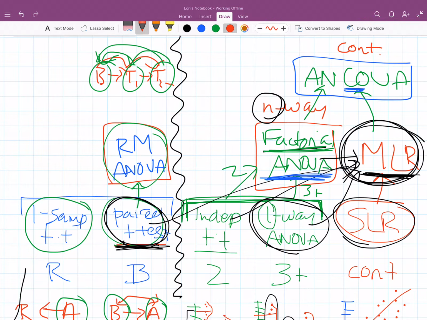And so we're running an ANOVA, but then we realize that we need to correct for something that is not categorical or not factorial. And so what we end up doing is taking this factorial ANOVA and turning it into more of what would be considered a multiple linear regression so that we can do this ANCOVA.